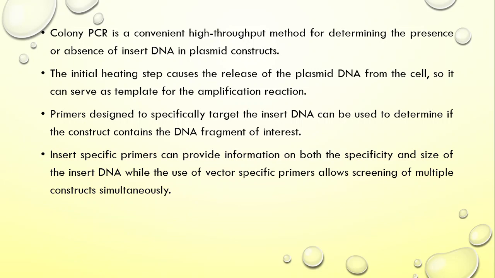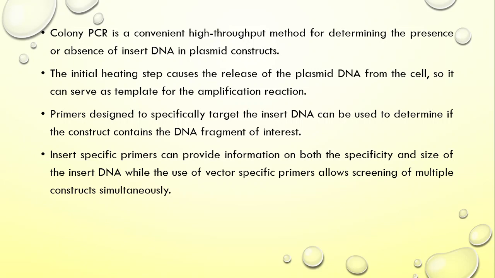The insert specific primers can provide information on both the specificity and size of the insert DNA. Alternatively, you can use another type of primer which is specific to the vector. This allows the screening of multiple constructs simultaneously.